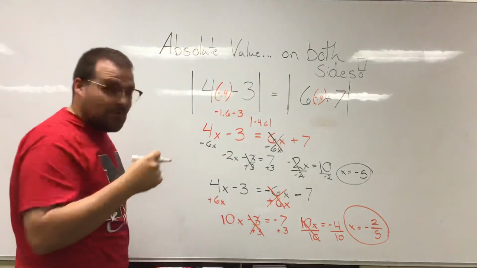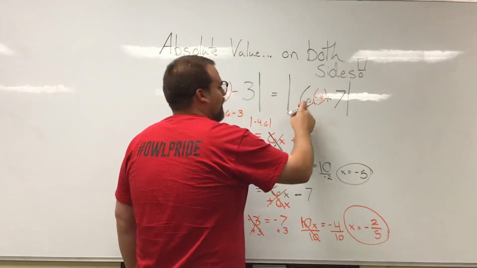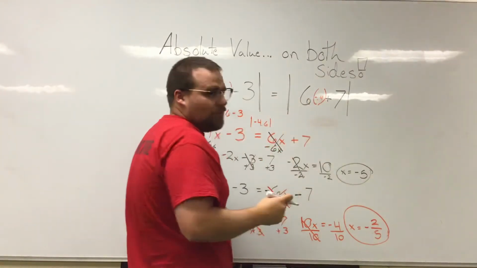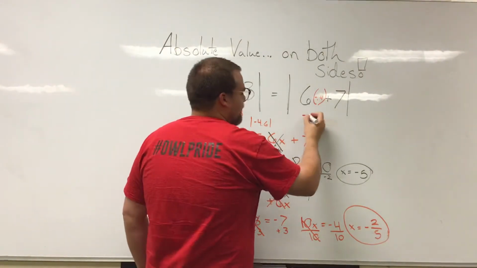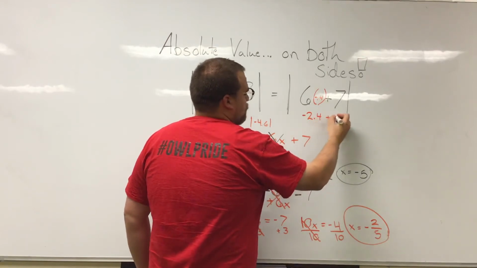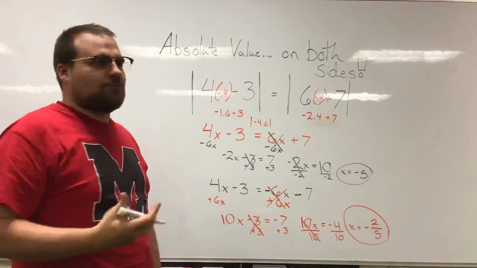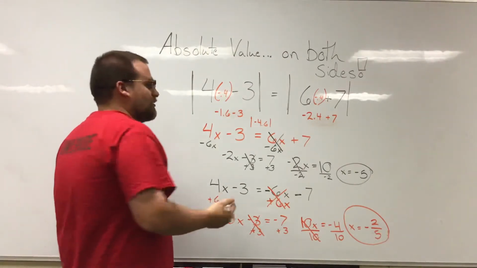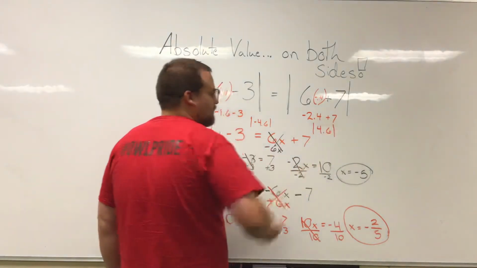Over here, we get 6 times negative 0.4, which is going to be negative 2.4. We have negative 2.4 plus 7, same thing as 7 minus 2.4. And that's going to get us positive 4.6.